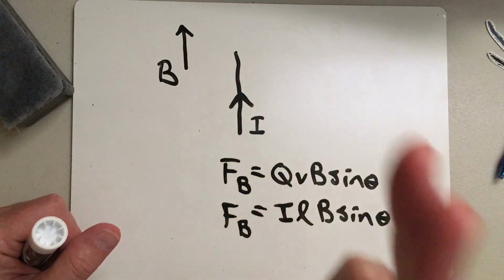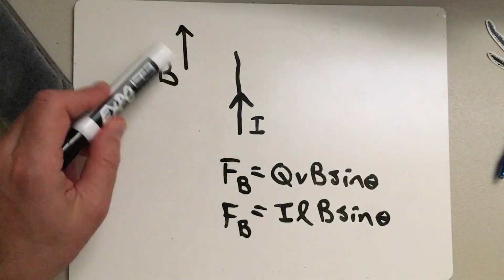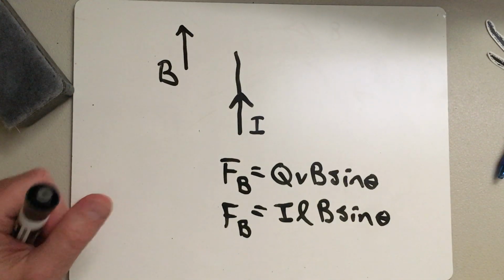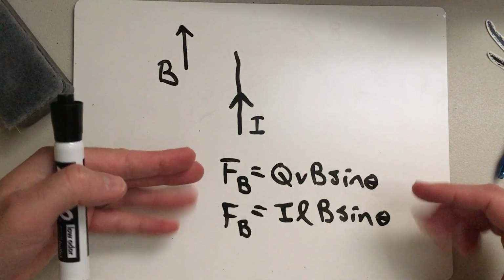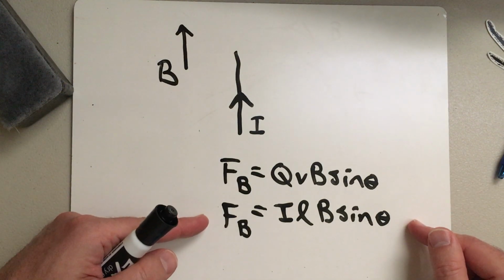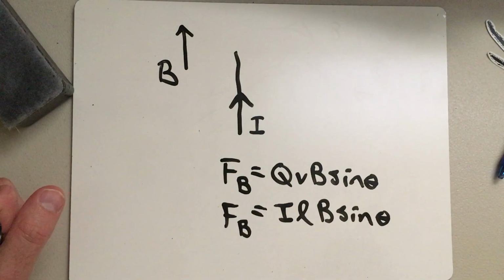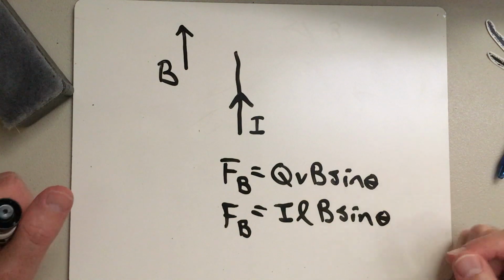No, the force is zero. You need to recognize that if they are parallel or anti-parallel, there's not going to be a force. That goes for both the charge case and the current case. The right-hand rule is not going to tell you that. You need to know it ahead of time.